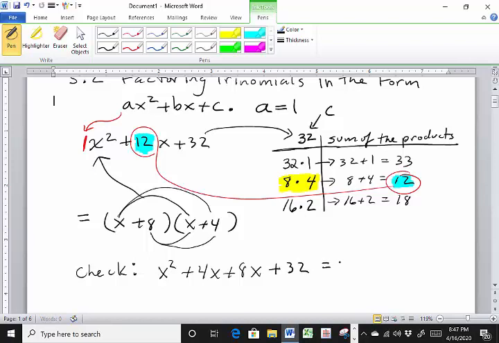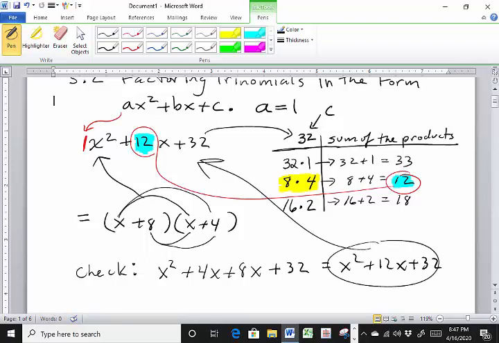So this equals x squared plus 12x plus 32, which is the same thing we had to begin with. Okay, and that's how you check your result. You should always check. Just do a quick multiplication and see if you get your original problem back that you're trying to factor.